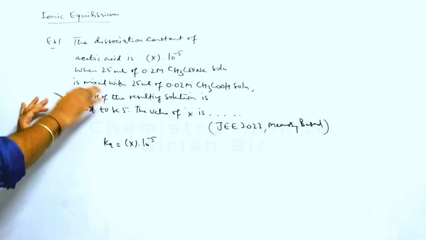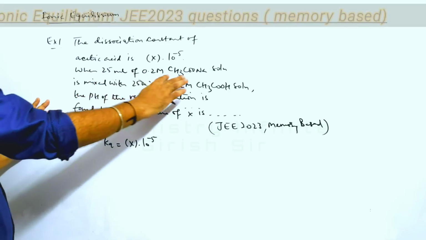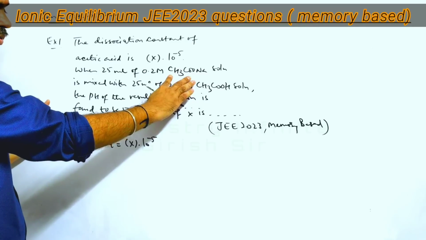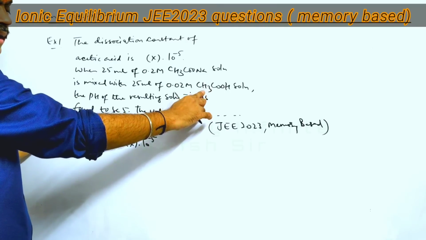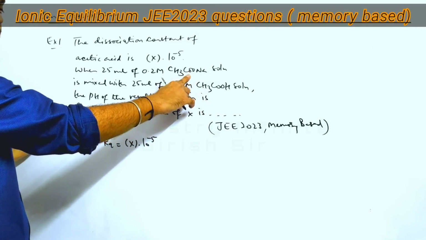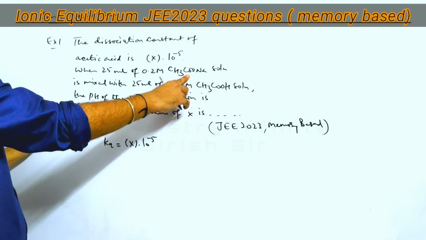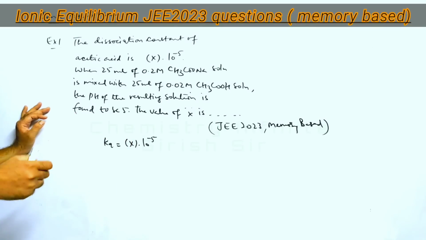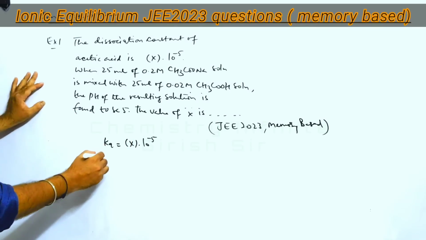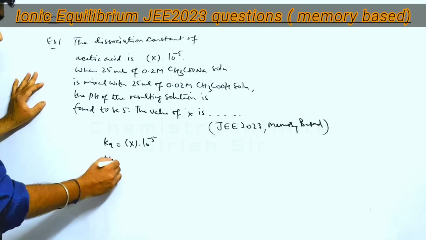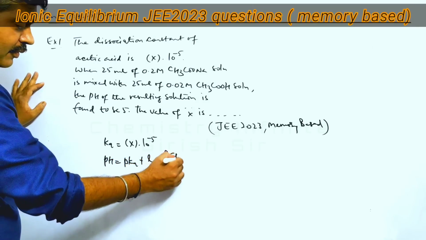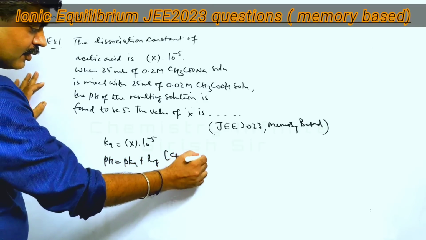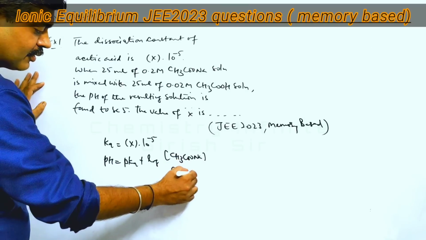The question says we mix a salt, sodium acetate, with acetic acid. Acetic acid is a weak acid, and sodium acetate is the salt of a weak acid. The mixture of these two may be a buffer. For a buffer we use Henderson's equation: pH equals pKa plus log of concentration of salt divided by concentration of the acid.